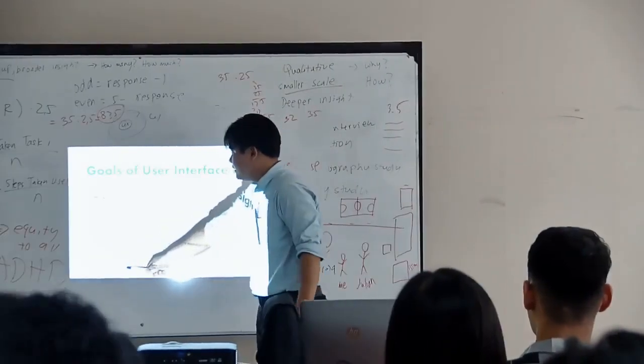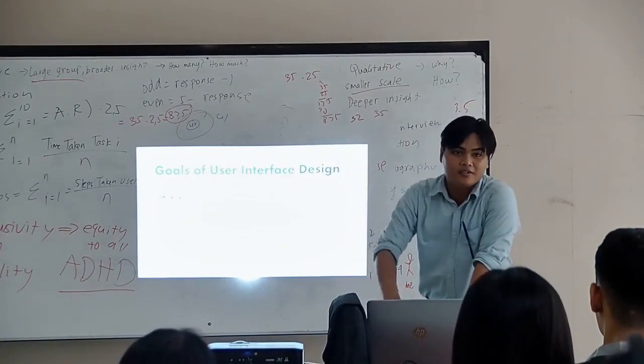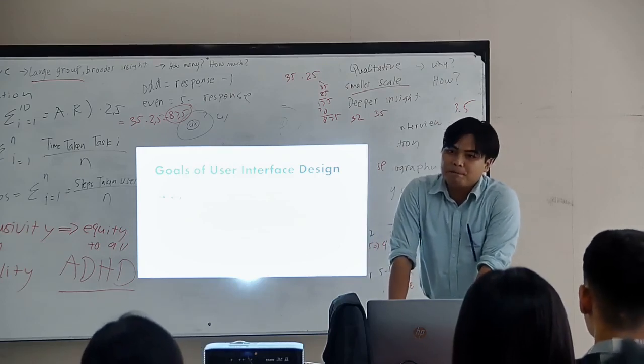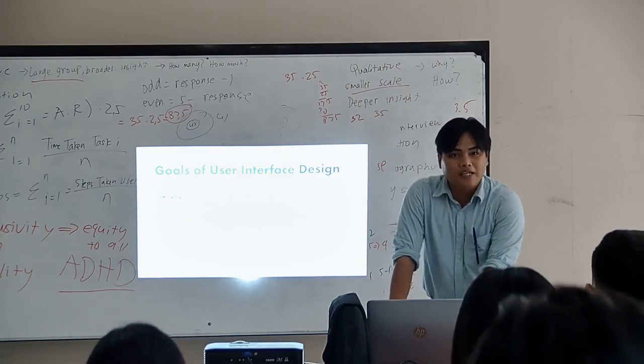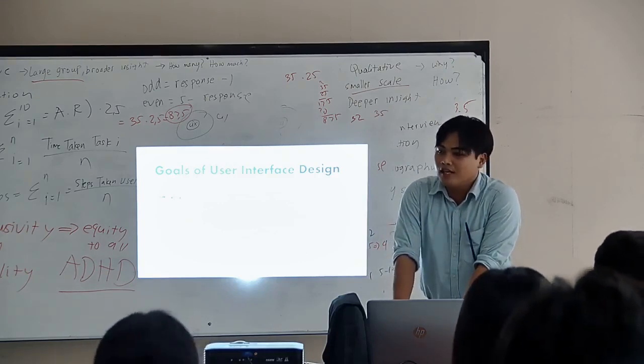Average steps is when we calculate how many steps are needed to achieve the task. For example, I ask you to like a story on Instagram. What will you do?